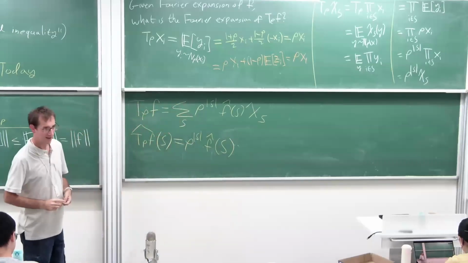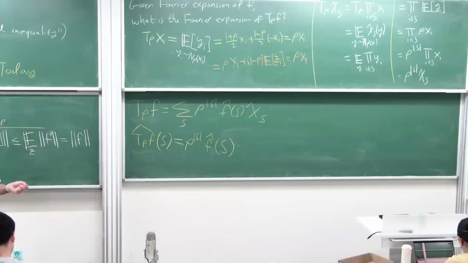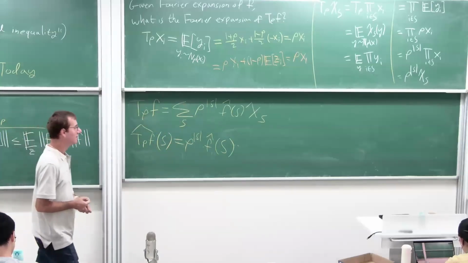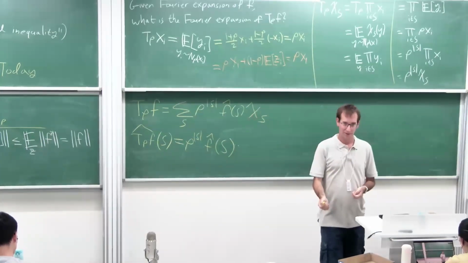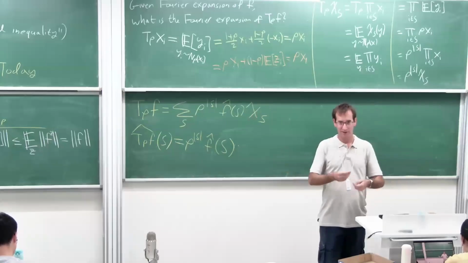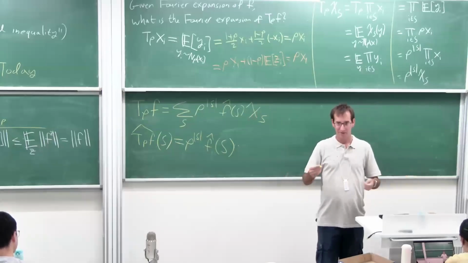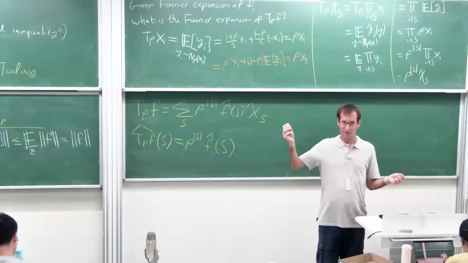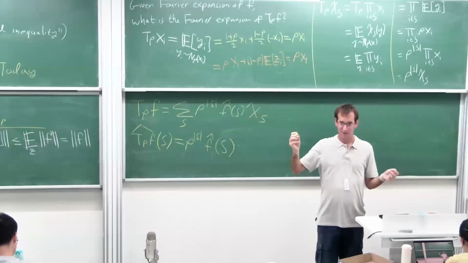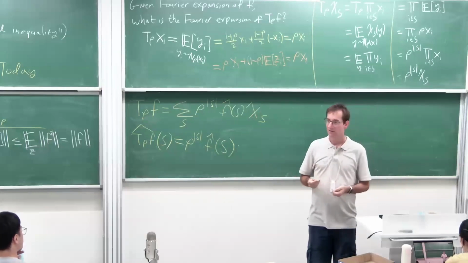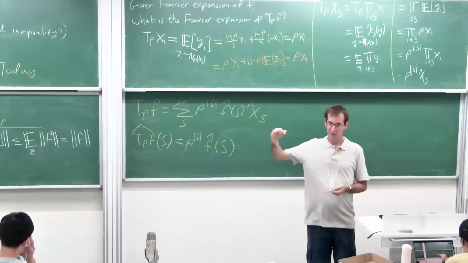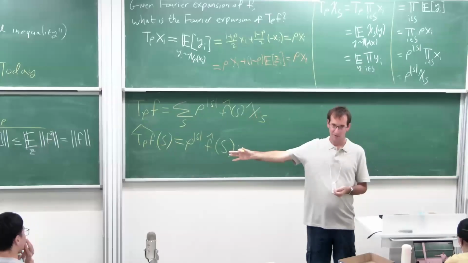So this acts like a kind of soft low-pass filter, for the engineers here. We multiply level d of the Fourier expansion, which is composed of the sets S of size d, by a factor of rho to the d. We usually think of rho between 0 and 1, so as d gets larger, rho to the d gets smaller.